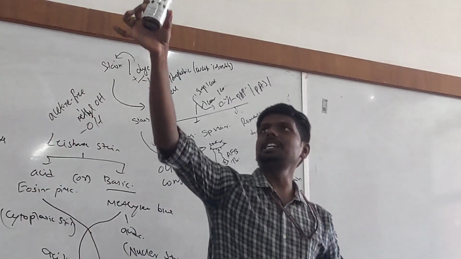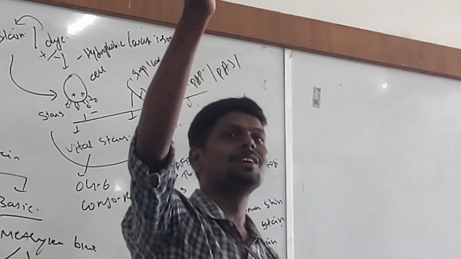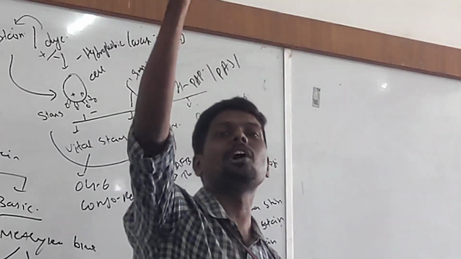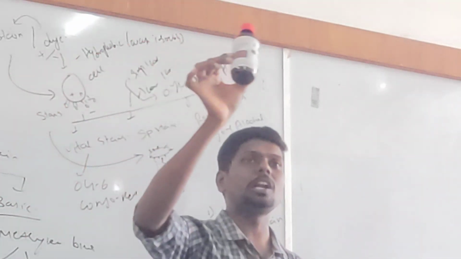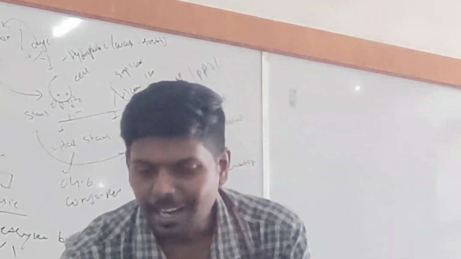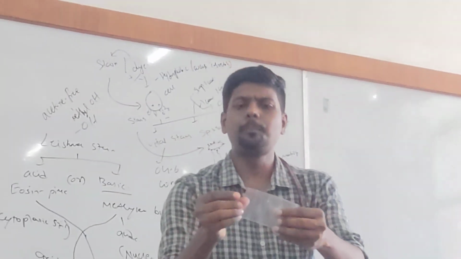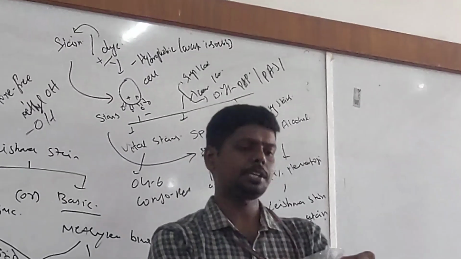See, this is a clear solution. Can you guess what this solution is? Alcohol. What type of alcohol? Methyl alcohol. Acetone-free methyl alcohol they give to us. Now to this alcohol, they have also given us a small sachet. What is it?